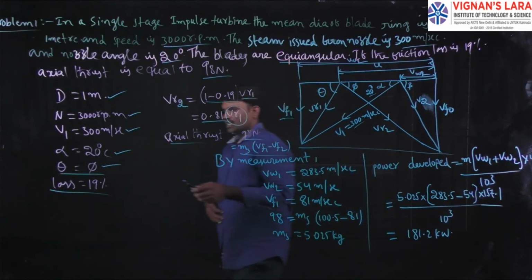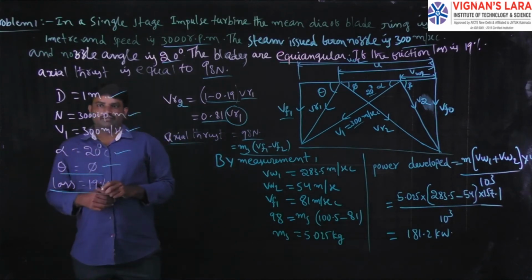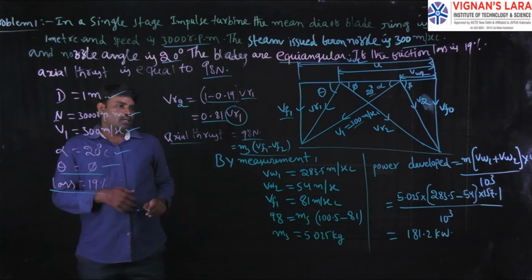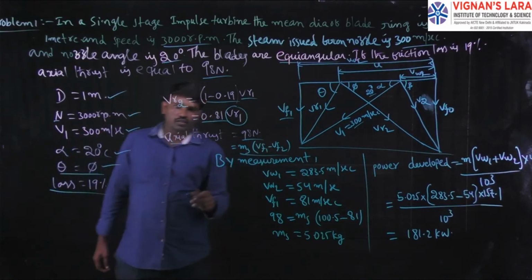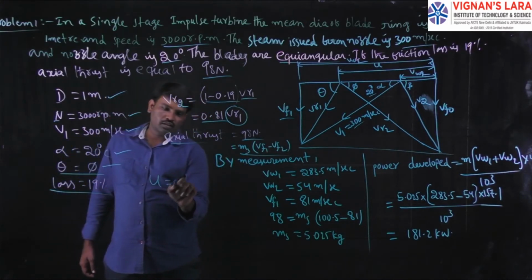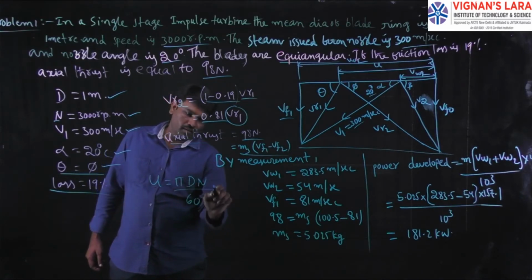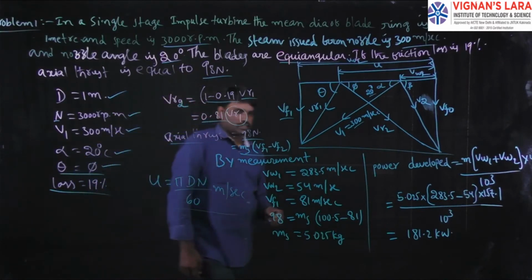And theta is equal to phi, we can draw. The rpm N value is given, and this u value you can also calculate, that u is equal to pi D N by 60 meter per second. Pi D N by 60, this is very important.